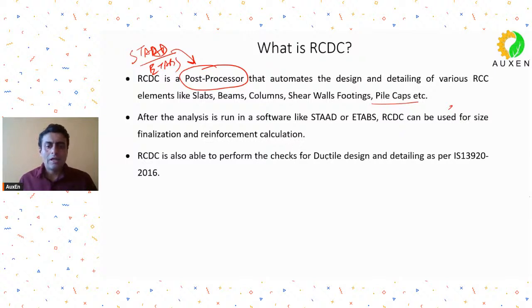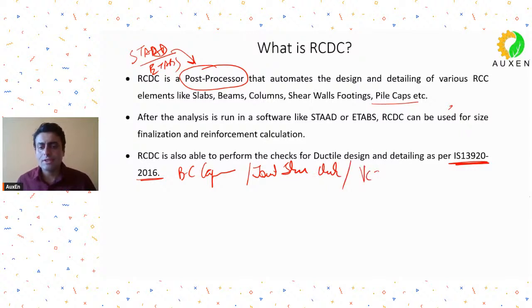After the introduction of IS 13920, which included a lot of provisions like the beam column capacity ratio, the joint shear check was introduced. Then it also introduced some additional clauses like Vc has to be taken equal to 0 for shear design.